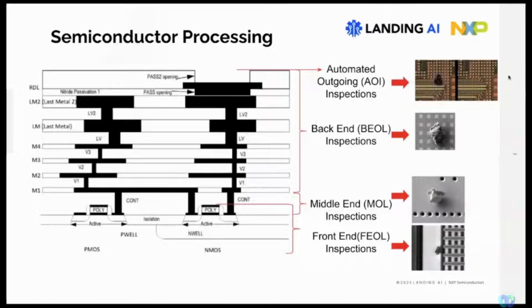So the application that we have at this point is for this automated outgoing inspection, where we inspect and hopefully detect all the defects that we have on the dies and reject them accordingly. And this is applicable for all the dies that we produce in the fab.